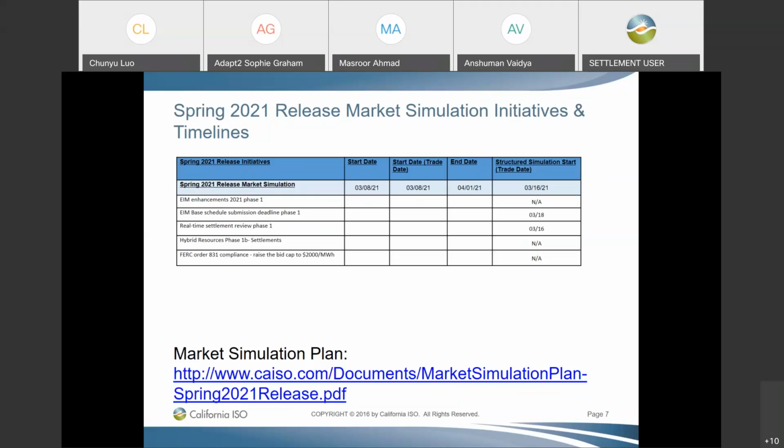But we are still trying hard to get the code from our vendor. So currently we are envisioning that we'll start the simulation date, structured scenarios on 3/18. We are still on track to do the structured scenarios for real-time settlements review phase 1 project on 3/16.